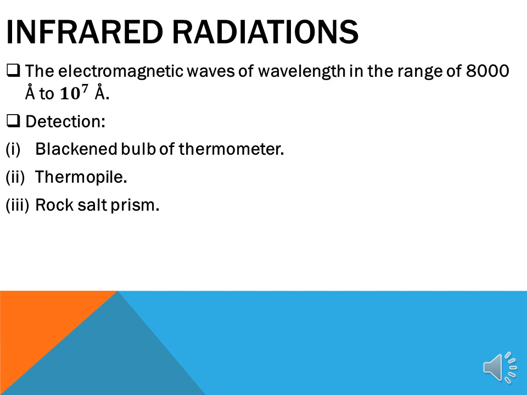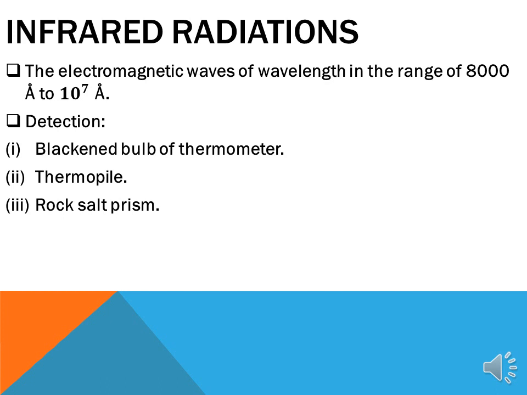It means that the part of the spectrum beyond the red extreme of the visible light has certain radiations which produce a strong heating effect, but they are not visible. These radiations are called infrared radiations.